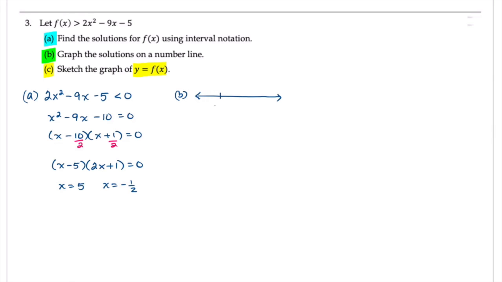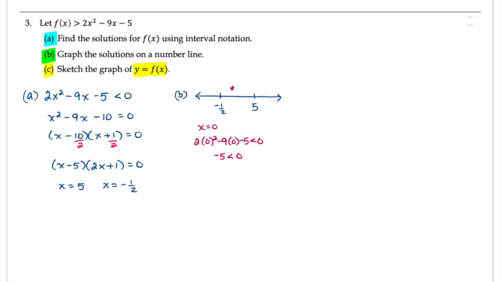We have the number -1/2 and the number 5. I am going to pick a number right here to the right of -1/2. Let's pick a nice easy number, x equals 0, and test that value into our function to see if it comes out true.